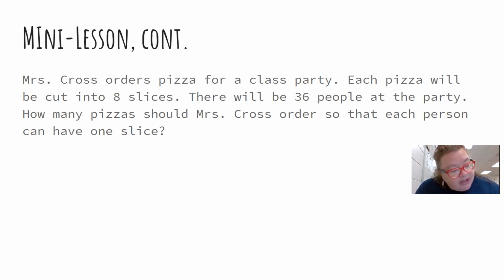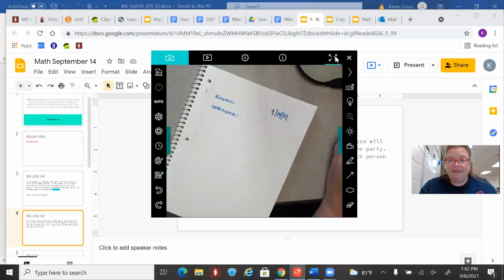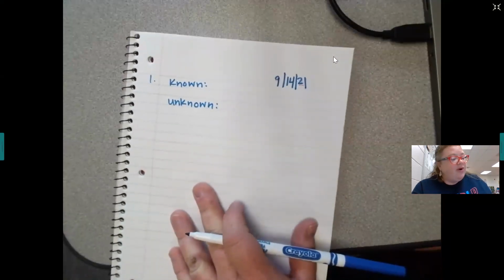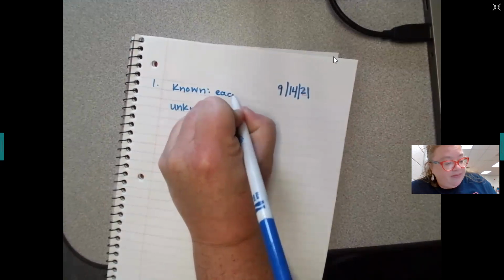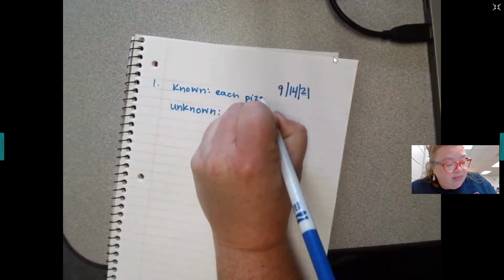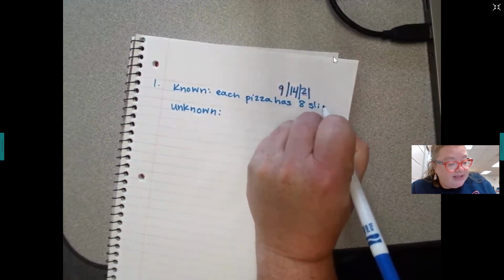So on my paper, and I'm going to show it to you in just a second, I'm going ahead and writing down known and unknown so that I can organize my information for this story problem. So let me swap over so you guys can see what I'm doing. Okay, so I know that each pizza has 8 slices.